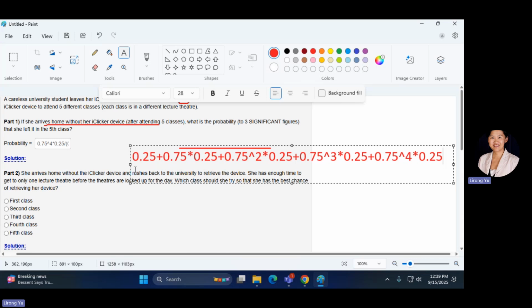I did both ways and that should be the same answer. Then the top will be 0.75 to the 4th times 0.25. I don't remember if that's the one it kept telling me I was wrong, but that's what my answer was. We have to round it to 3 decimals after we get the answer.